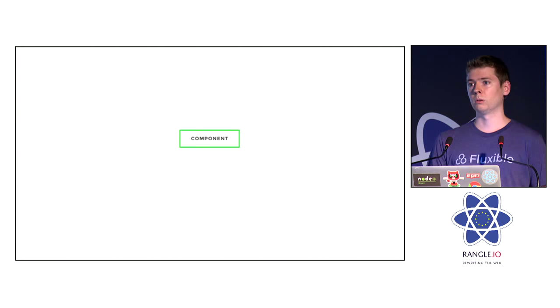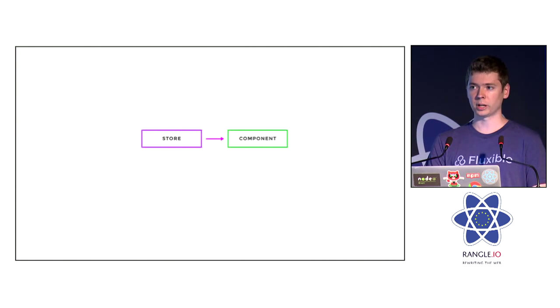So the ultimate goal is to render your component. And the first thing that you realize when you want to render on the server is that you don't need to render prior to loading your data. You just want that final markup. So we'll just wait until we have all of the state in place before we call React render. The component, of course, gets its data from the stores.